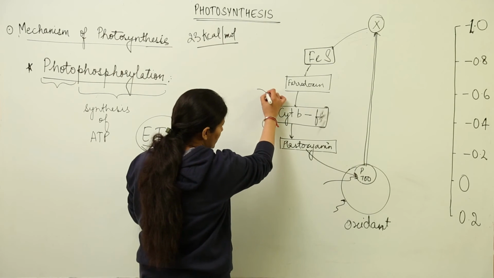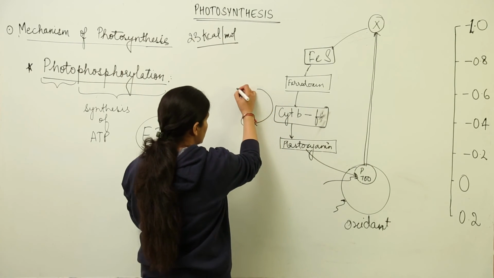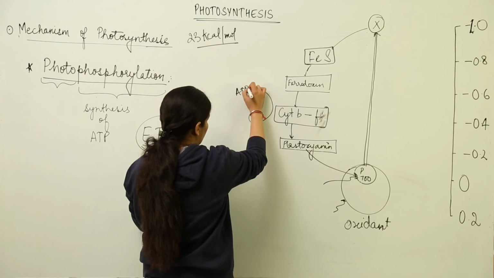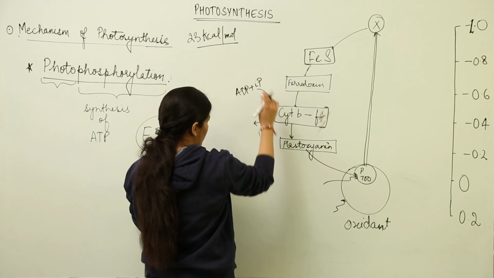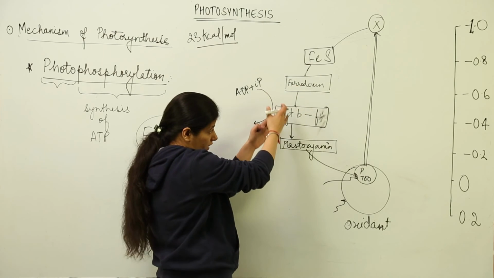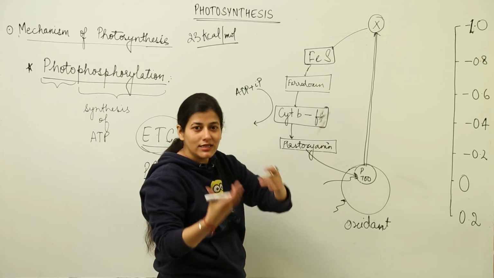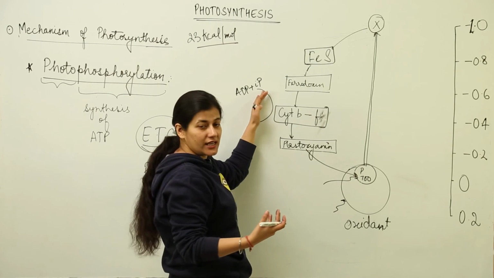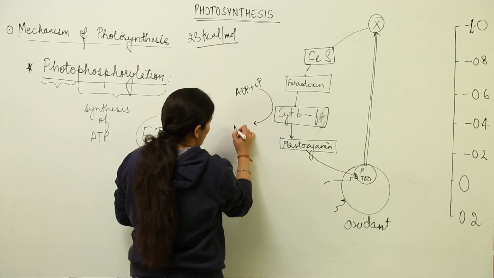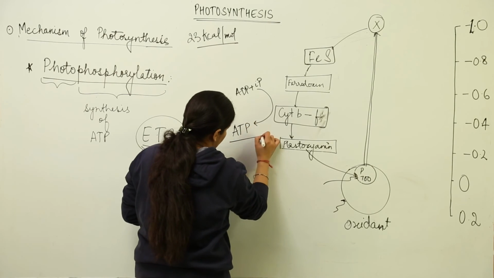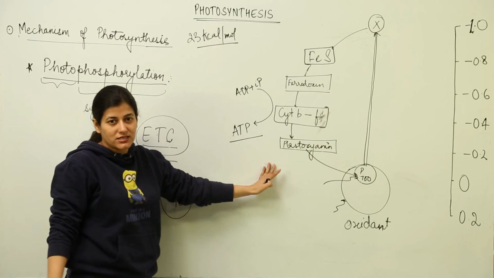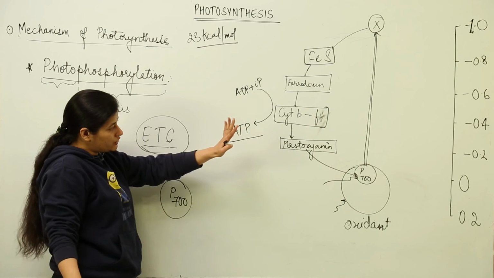And while this transition is taking place, the ADP along with inorganic phosphate, because the electrons are coming down the redox potential, as you can see, they are losing the energy. This energy is taken up by ADP in the formation of ATP. So this is what cyclic photophosphorylation is all about.